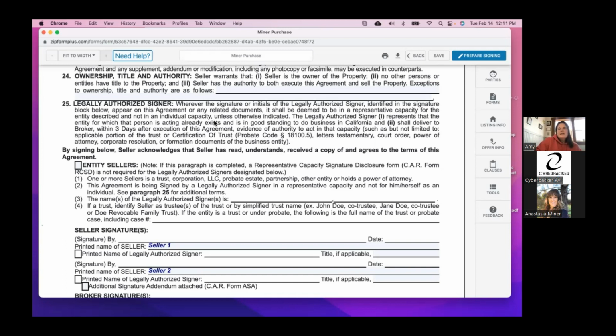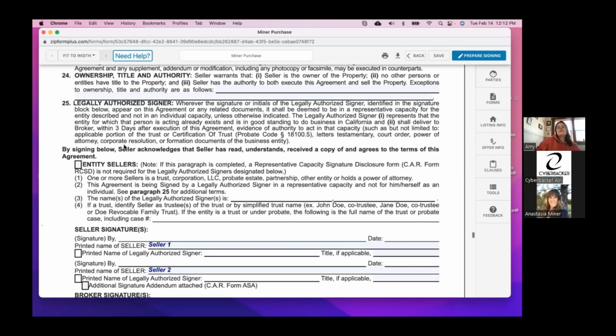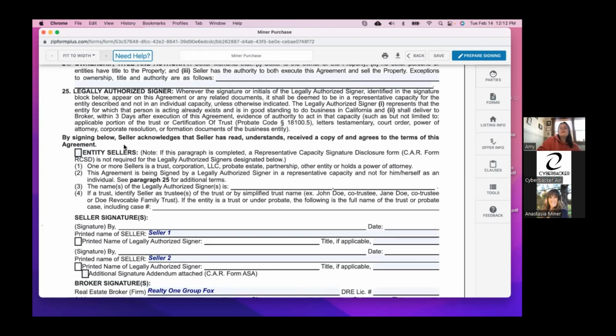The legally authorized signer represents that the entity for which that person is acting already exists and is in good standing to do business in California, and shall deliver to broker within 3 days after the execution of this agreement evidence of authority to act in that capacity, such as, but not limited to, the applicable portion of the trust or certification of trust, letters testamentary, court orders, power of attorney, corporate resolution, or other formation documents of the business entity. By signing below, the seller acknowledges that the seller has read, understands, and has received a copy of this and agrees to the terms of this agreement.